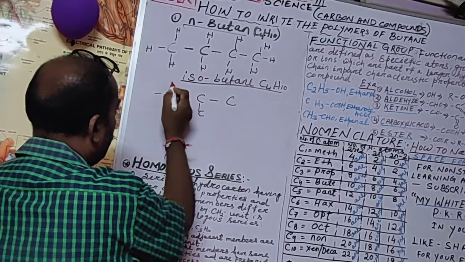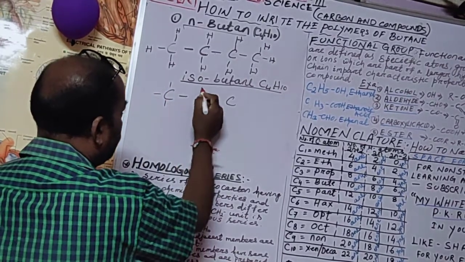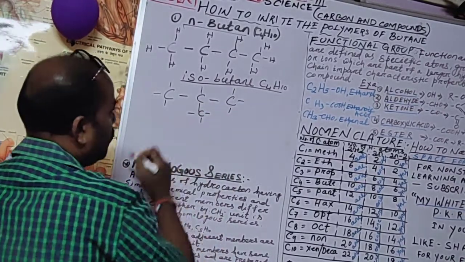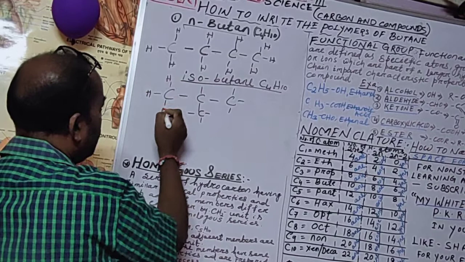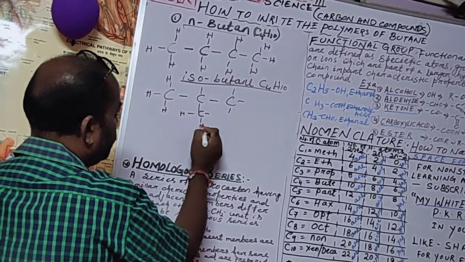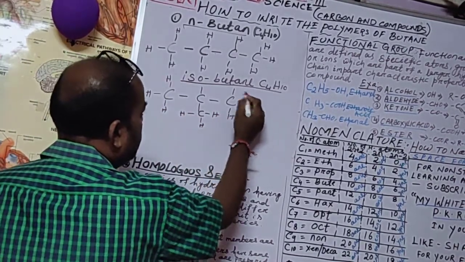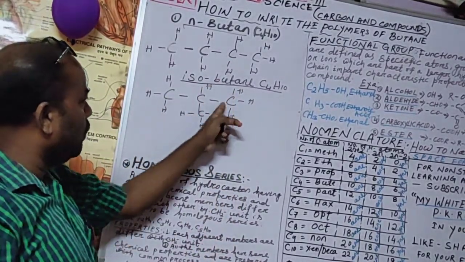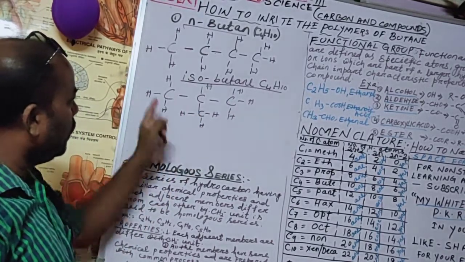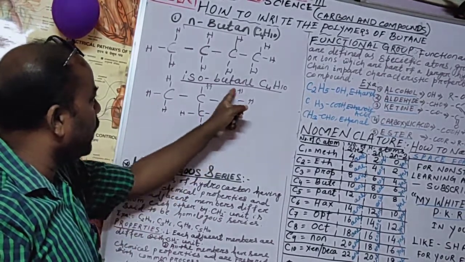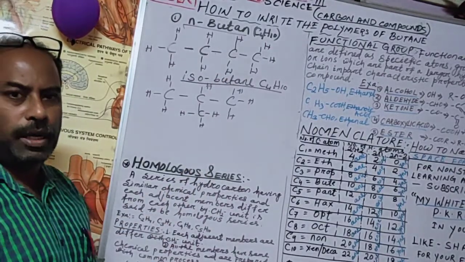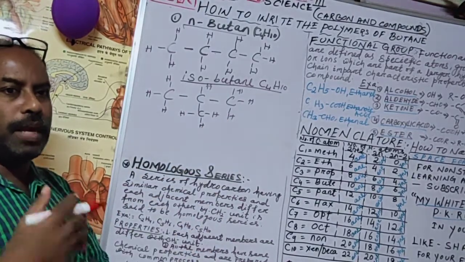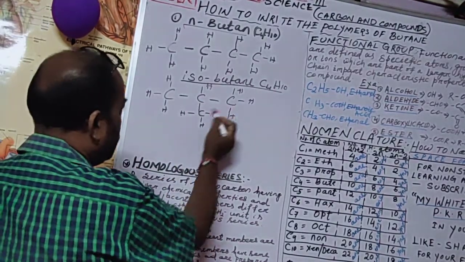Now you put the hydrogen everywhere. Then you count how many carbons are there: 4. How many hydrogens? 10. C4H10 is the molecular formula, but the structure is different. That's why it is called isobutane, meaning branching butane. A carbon is making a branch.